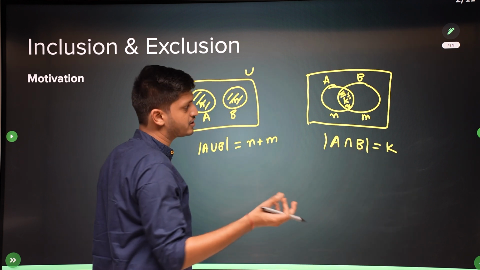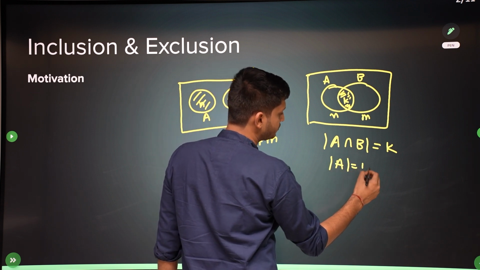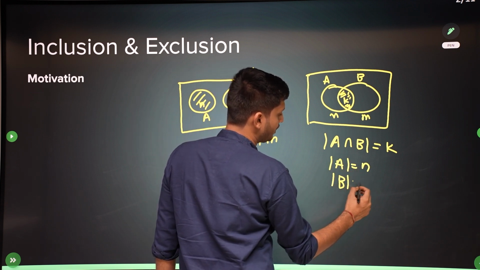There are k elements which are both in A and B. There are overall n elements in A, and overall m elements in B.